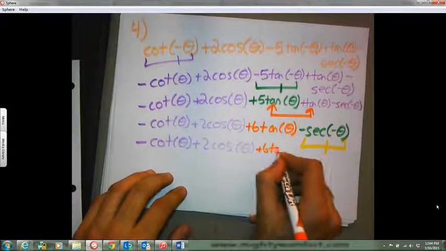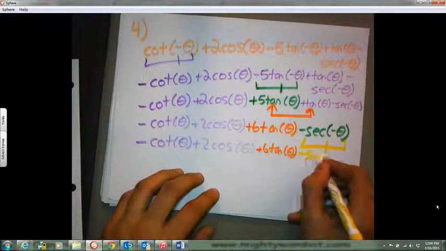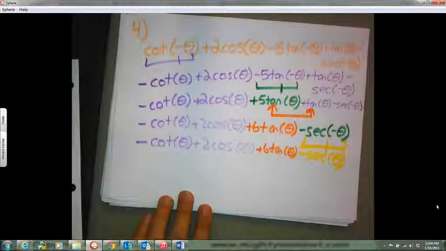And there's your final answer. I'll stop here and see if there are questions before I go on to the next problem.